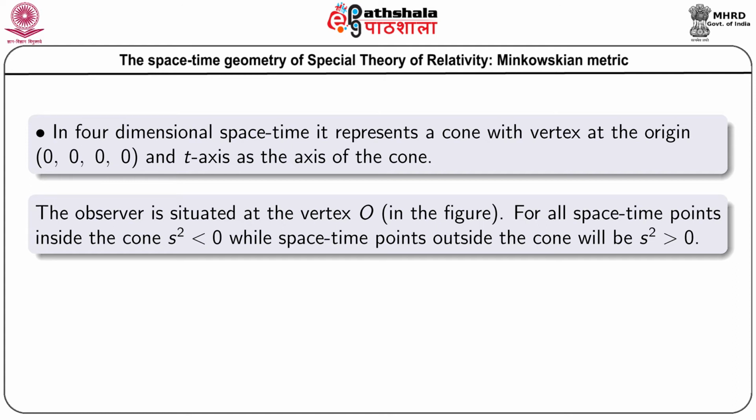The observer is situated at the vertex O, as we shall see in the next slide in the figure. For all space time points inside the cone, s² will be less than 0, while for space time points outside the cone s² will be greater than 0.